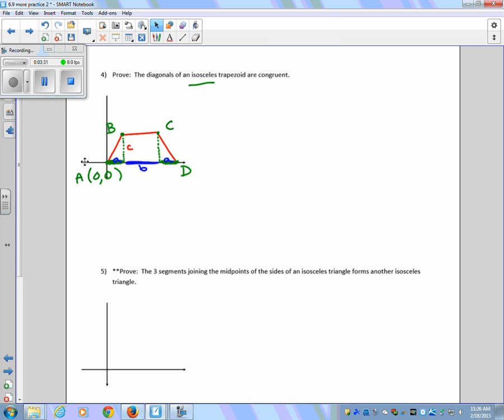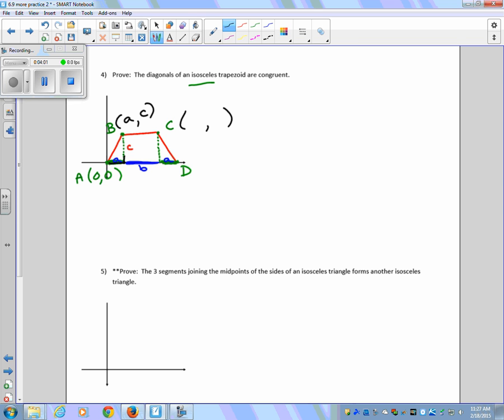All right, then, what would be the coordinates of B? Yeah, A, C. This distance A, up C. What would the coordinates of C be?